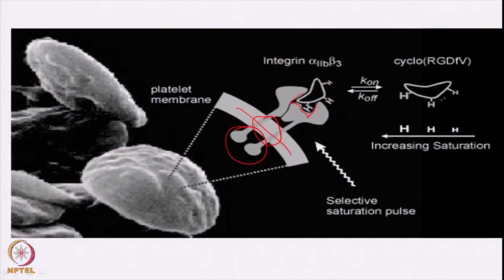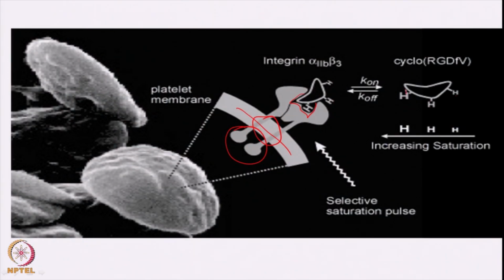Suppose you increase the saturation effect, what will happen? The ligand proton which is quite close will be more perturbed and which is a little far will be less perturbed, and so forth. So, if you keep increasing the saturation, the effect will be transferred over a distance. Whatever is nearer to the binding site will be more perturbed than this and then this.